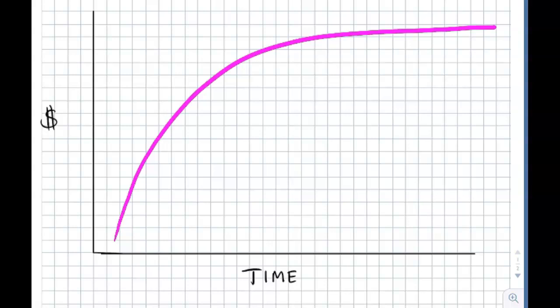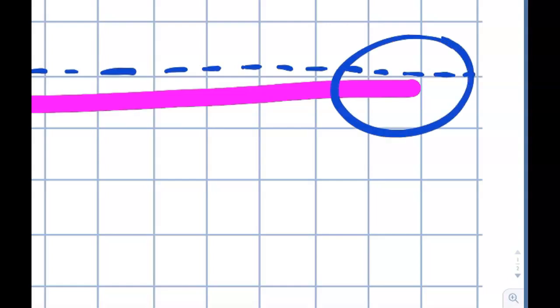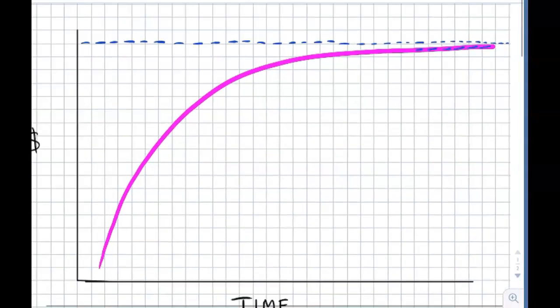What happened here is this line right here, which doesn't really exist, was our upper limit. You can see right here, theoretically, those will never meet. This pink will keep getting higher and infinitely closer to that dotted line, but it will never actually hit it.